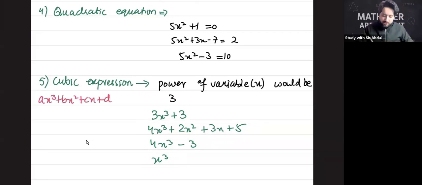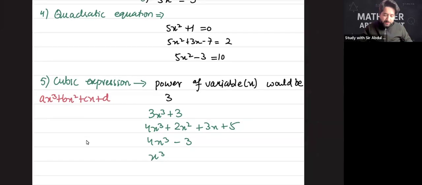Remember one thing, sometimes you have this one, sometimes you have these two, sometimes these three, sometimes all of them, sometimes the first and the third, sometimes the first, third, and fourth. So it is not necessary in a cubic equation or expression to have all the terms in order. Agree? Okay, so that's what a cubic expression is.